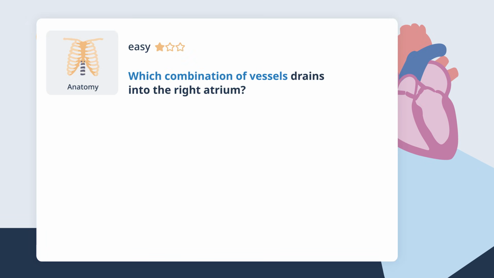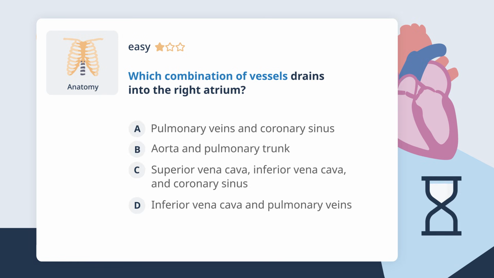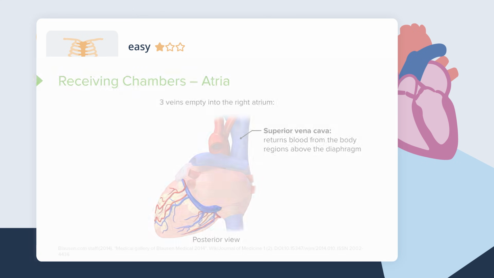Which combination of vessels drains into the right atrium? There are 3 main veins that empty into this right atrium.